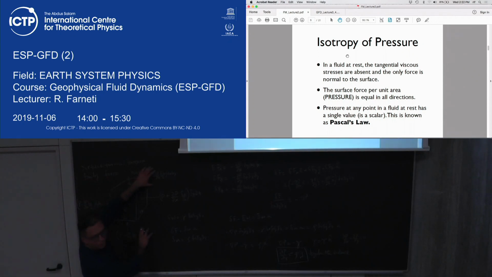This and this, that is positive, I agree. Okay, because you're going up delta Z over 2, and here you're going down delta Z over 2. So you do one minus the other, P goes away.